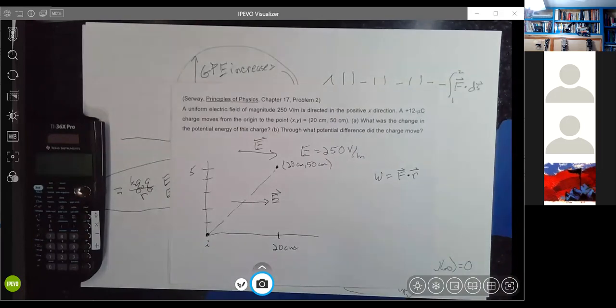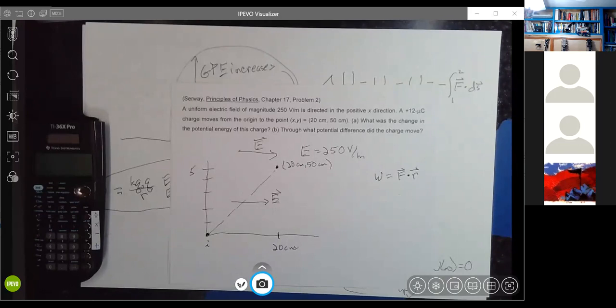So, all right. So all that matters is that we move 20 centimeters in the x direction. Now, will the change in potential energy be positive or negative in this case? Would it be negative?